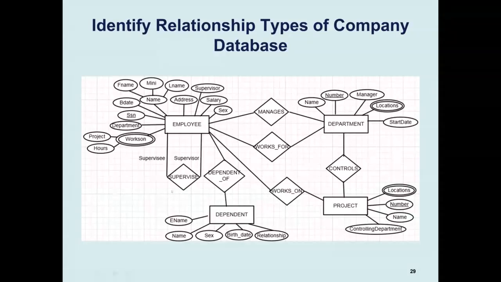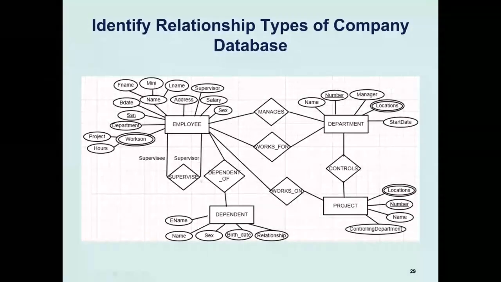For the recursive relationship type, we also need to provide a role name for each way of the participation. For example, we put supervisee on the left leg of this supervised relationship type, meaning that an employee who participates in supervised from this leg is a supervisee. We assign a role on the right leg called supervisor.